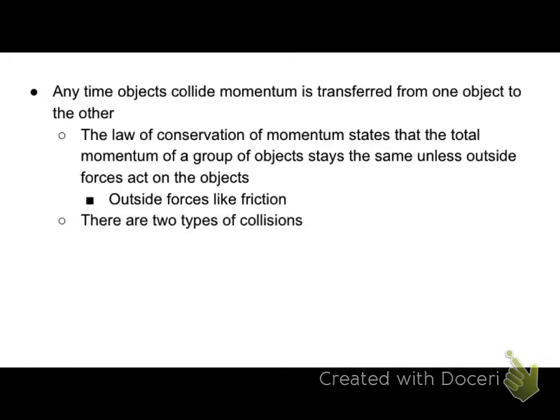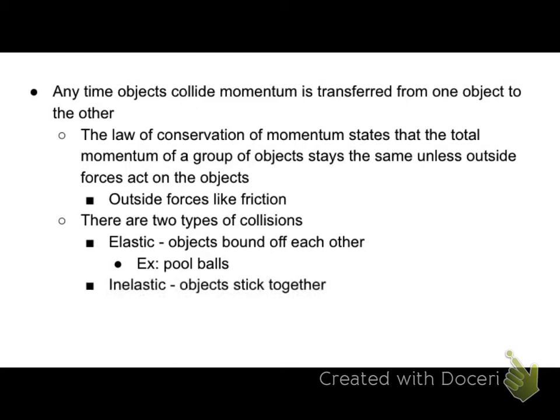There are two types of collisions that we're going to talk about in class. Okay? The first is elastic collisions. This is when objects bounce off of each other after they collide. Okay, so the example of the pool balls there is one hits the other and it bounces off and continues on. There are also inelastic collisions.